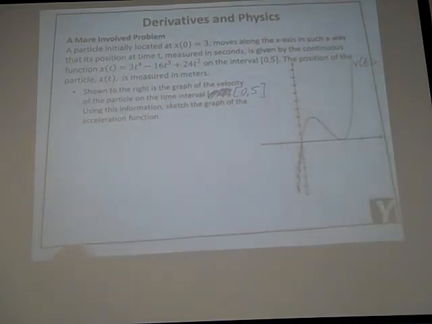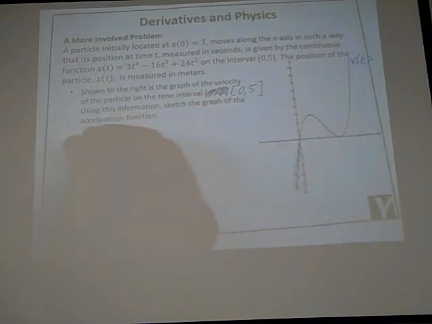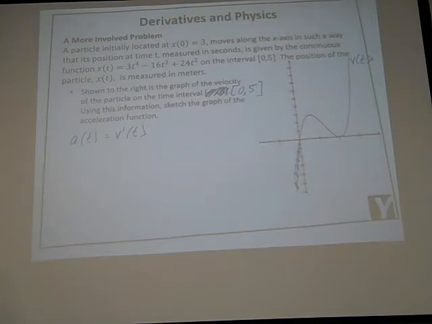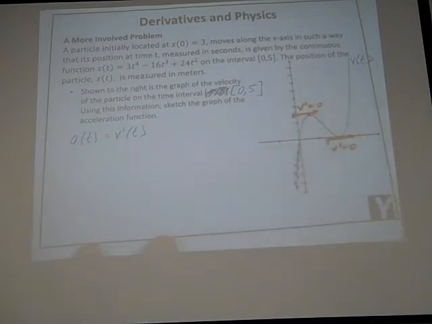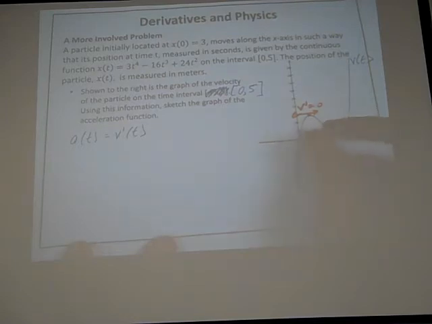Well, if that's your velocity function, what do we know about acceleration? Acceleration is the derivative of the velocity. So let's go back to an earlier conversation. If I'm going to look at the derivative of the velocity, there are easy points for me to consider right here. We know that the derivative is equal to 0 over here, and the derivative is equal to 0 over here.